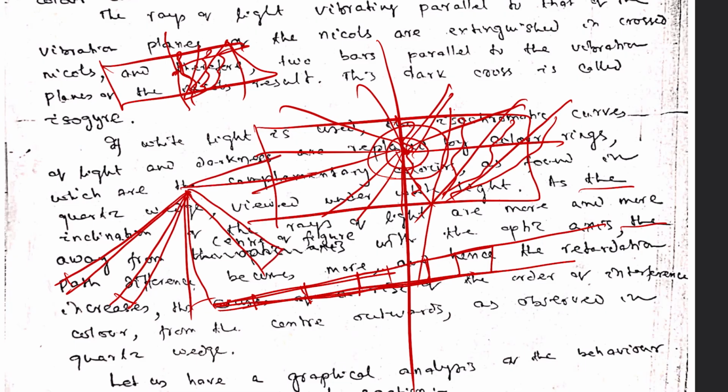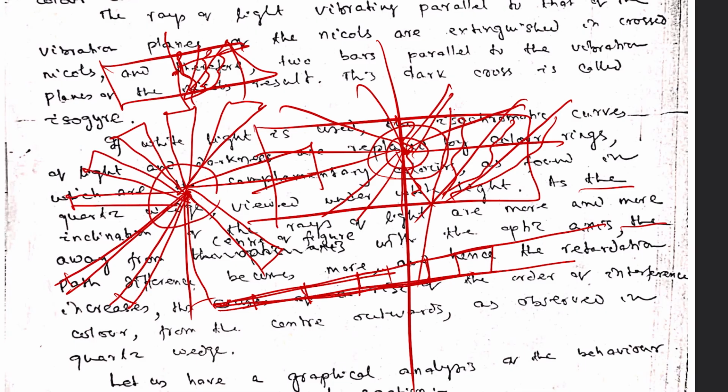These are the quartz wedges, the wedge-like characters presented by the light rays, because in each ring, the light rays which come over this ring have the same inclination to the center, so they cover the same path.